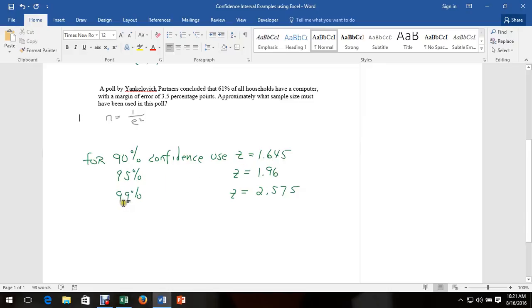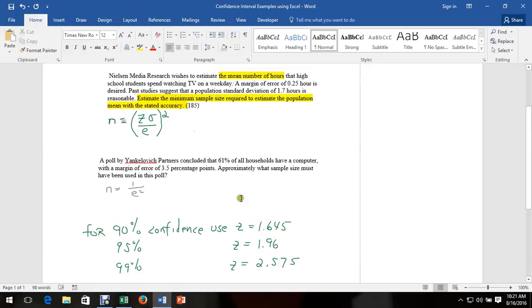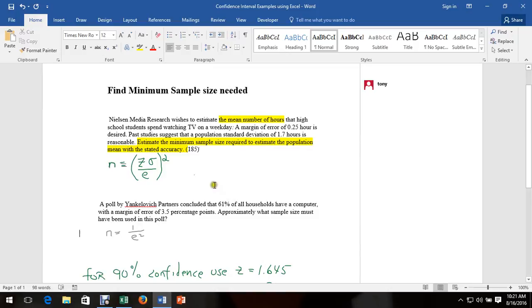And then the third one, generally used, is 99%, use a z of 2.575. So here we know z is 1.96. Sigma, the standard deviation they tell you, is 1.7. And the error is 0.25. In other words, you're willing to live with a margin of error of 0.25. So simply multiply z times sigma, divide by E, and then square the whole thing.